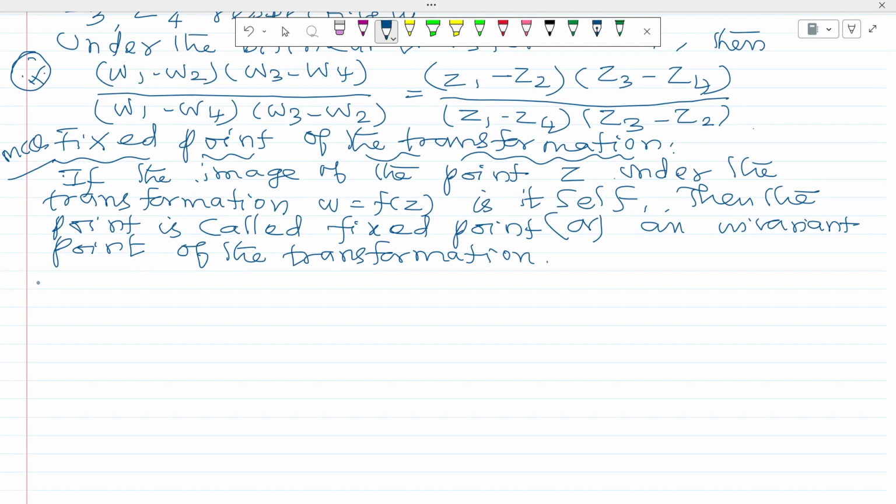Problems. First we will do the MCQ problems, then we can go for the long questions.